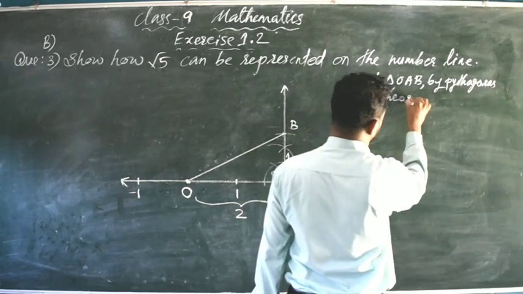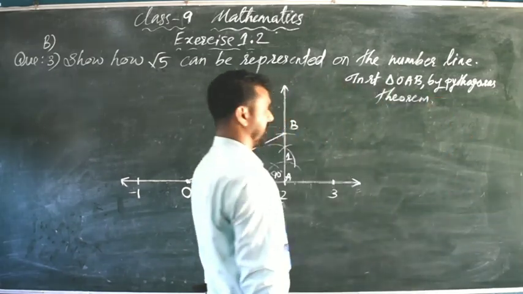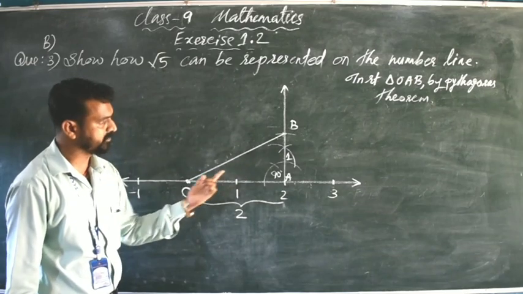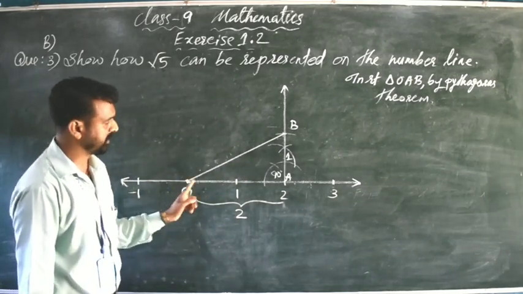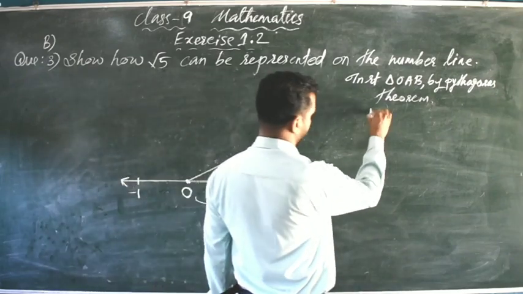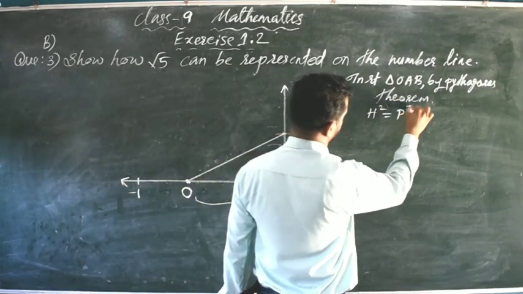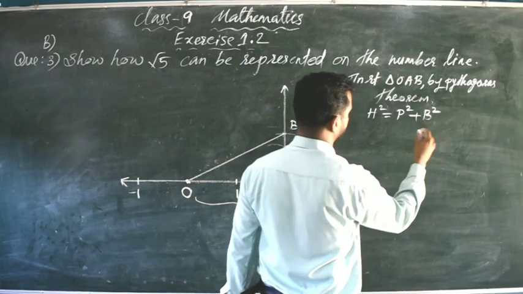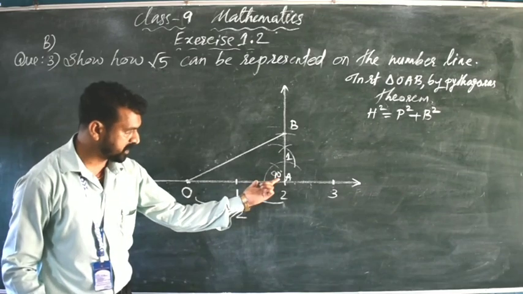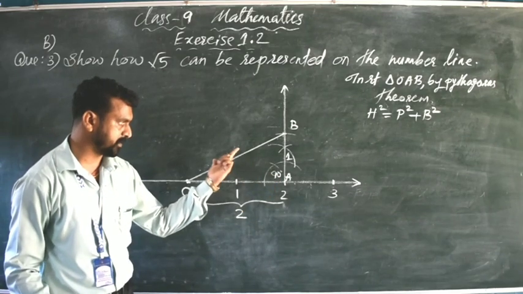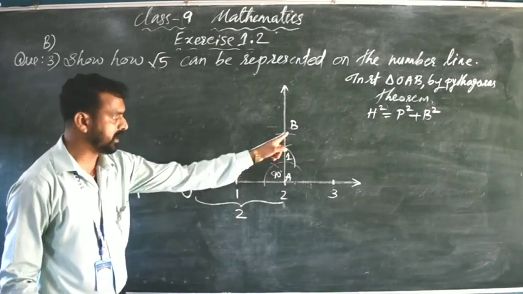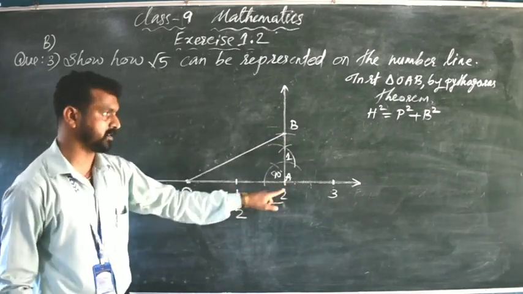In right triangle OAB by Pythagoras theorem, what is Pythagoras theorem? Hypotenuse square is equal to perpendicular square plus base square. Which one is the hypotenuse in this right triangle? Opposite side of the right angle. Opposite side of the right angle is OB. So OB is the hypotenuse, AB is the perpendicular, and OA is the base.